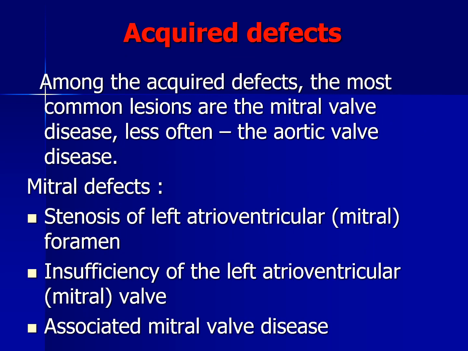and acquired defects. Among the acquired defects, the most common lesions are mitral valve disease, less often aortic valve disease. Mitral defects may be stenosis of the left atrioventricular mitral foramen, insufficiency of the left atrioventricular mitral valve, and associated mitral valve disease.